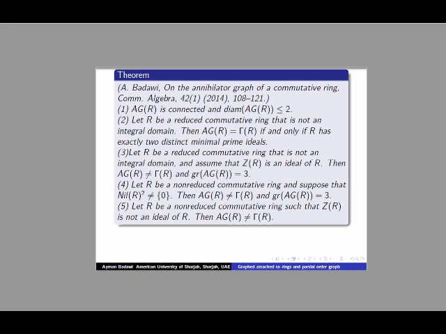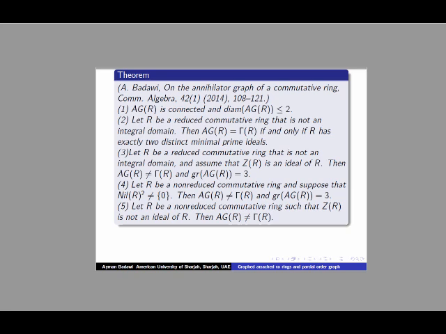Let R be a reduced ring and assume that the zero divisor set is an ideal. If the zero divisor of the ring is an ideal, that means the set of all zero divisors of the ring is an ideal, okay?